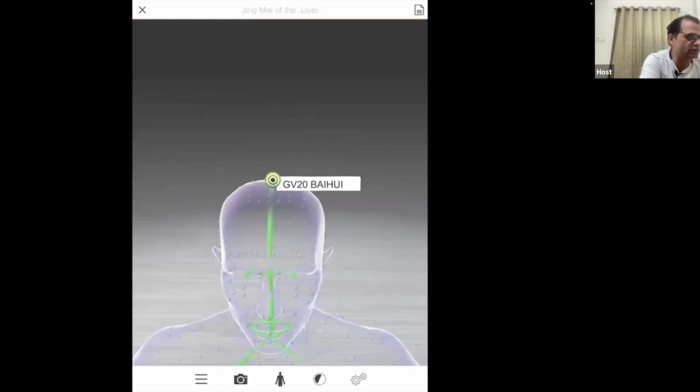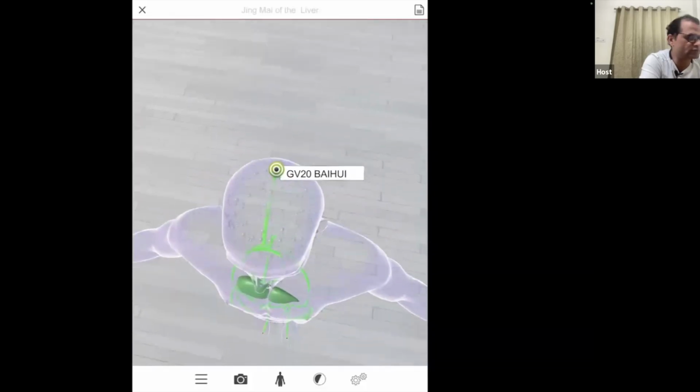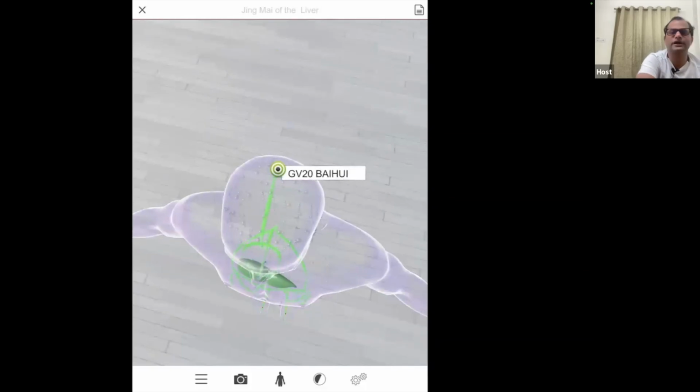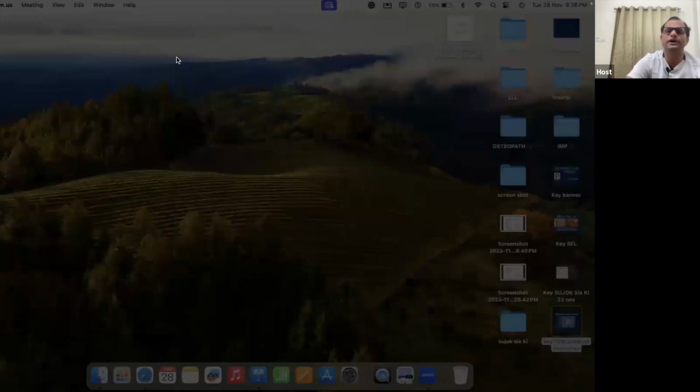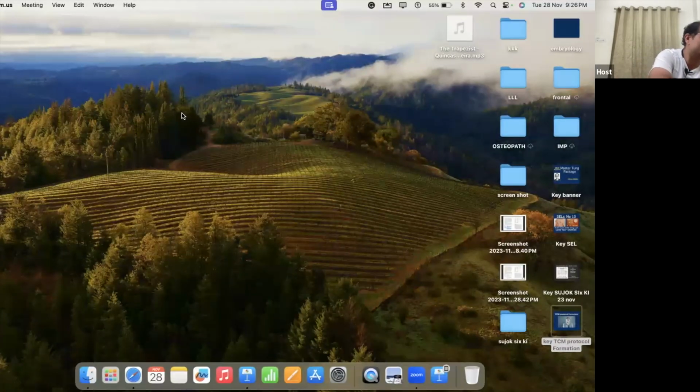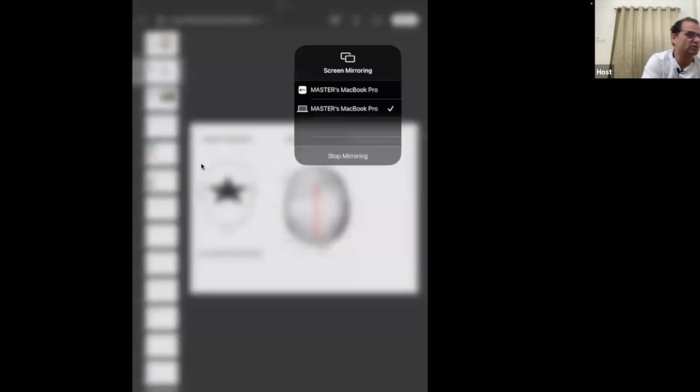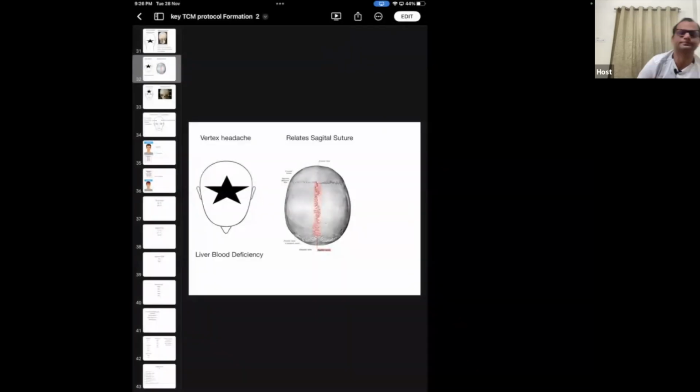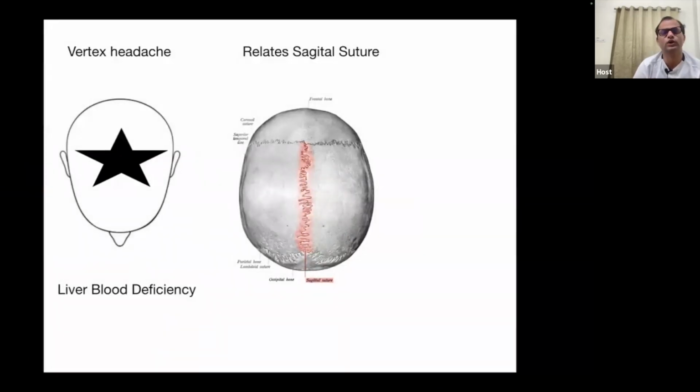So now a person is telling you, I'm suffering with the vertex headache. कि सिर के टॉप में दर्द हो रहा है. There is a vertex headache, the headache on the top of the head. उसे यहां पर दर्द है, वर्टेक्स में.